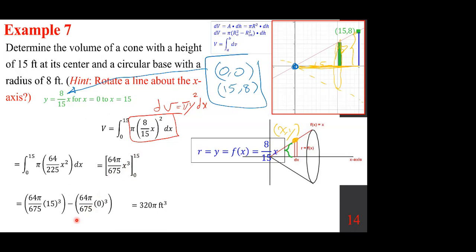What I want to add is this. We used calculus to prove this. At the same time, we remember the formula of a cone. The formula for the volume of a cone was what? 1/3 pi r squared h.